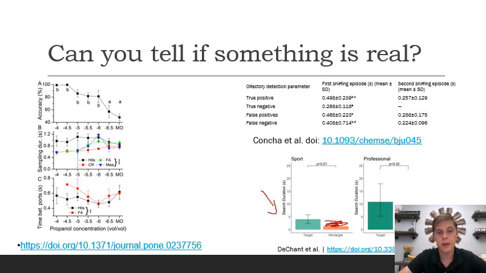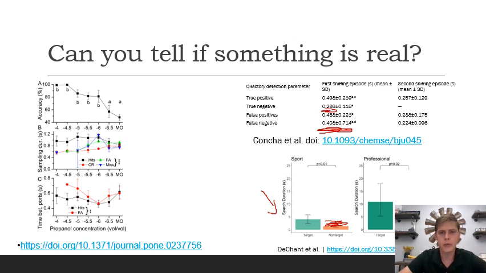And there was another paper by Concha et al. that found very similar patterns of results, where their false negative was about 0.4 seconds and their true negative was about 0.268 seconds.